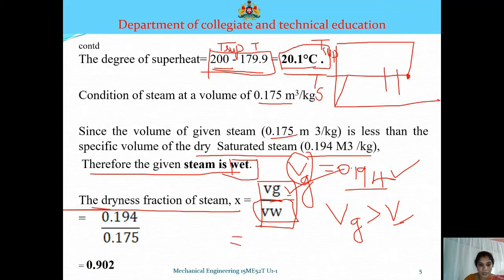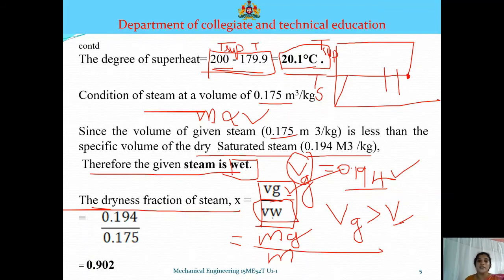But you know that the formula for dryness fraction was mg by m. Since mass is directly proportional to the volume, instead of mg I'll write Vg, and instead of m, I'll write Vw. Remember that. So I can calculate the dryness fraction of steam, x equals Vg by Vw.